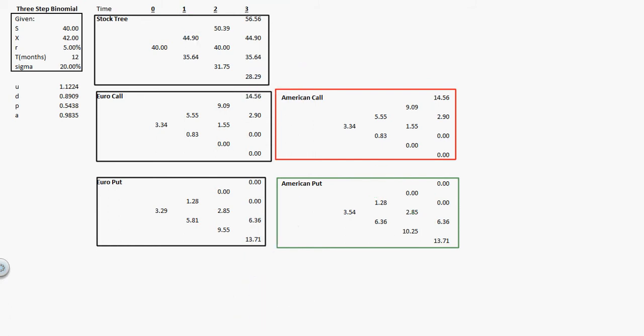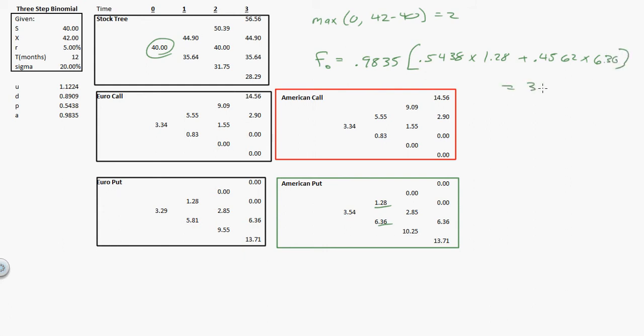So what about this last one, the $3.54? If you were to exercise today, it's the max of 0 and 42 minus 40, because the current stock price is 40, that's worth $2. If I keep it alive, the value of the put today is equal to the same procedure, the discount factor times, if it goes up, it's worth $1.28, and if it goes down, it's worth $6.36.